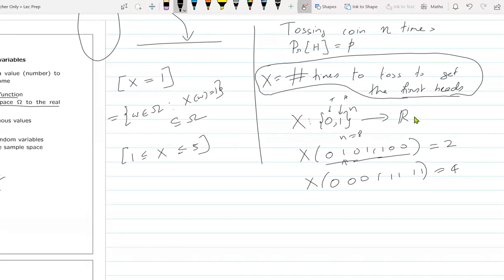Now, what is the probability mass function of this? What is the probability that x equal to k? We are working in the n and p case. So the formula says this is the probability that x equal to k. What is this probability?